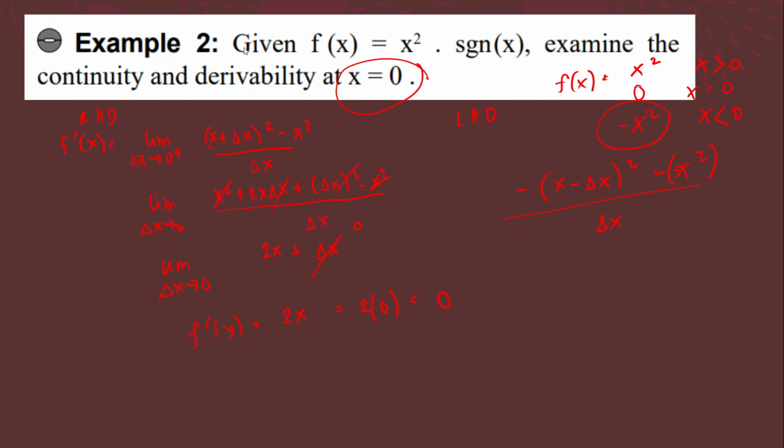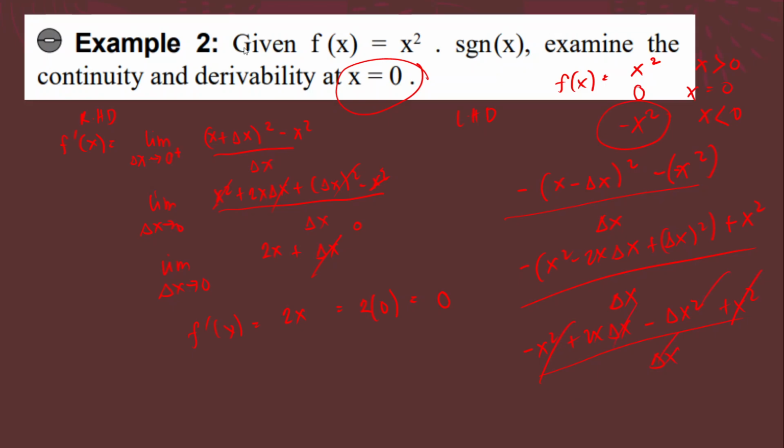So negative x squared minus 2x delta x plus delta x squared positive x squared, so over delta x, so negative x squared plus 2x delta x minus delta x squared plus x squared all over delta x. So magka-cancel to.